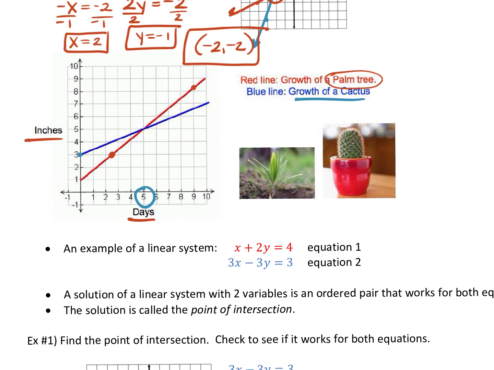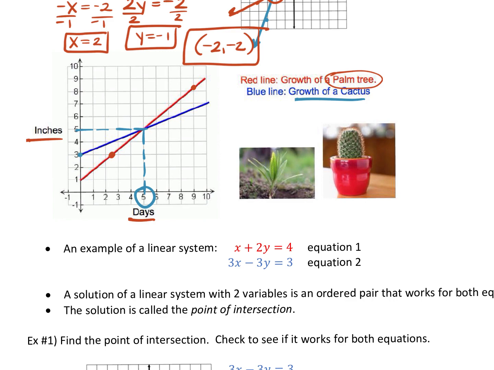After 5 days, they are both 5 inches tall, right? That's a real world application for when a graph like this is super helpful, as you can see when is what doing what, and what's the relationship between the two.